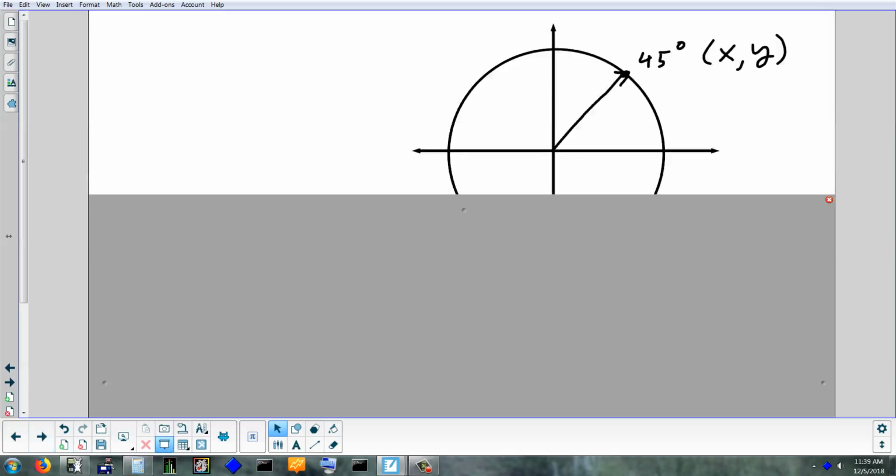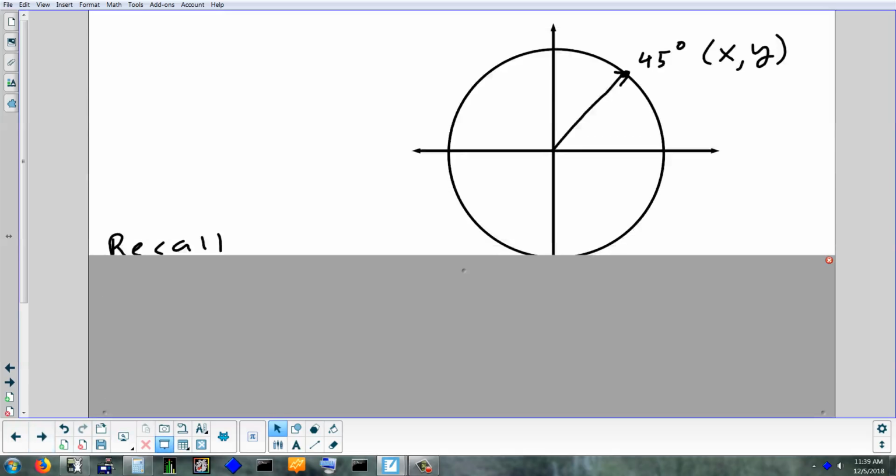So what I've drawn inside there is a 45-degree angle. We already did how to find coordinates for 0, 90, 180, and 270. So here's your 45, initial side, terminal side. My goal is to figure out the coordinate for 45 degrees.